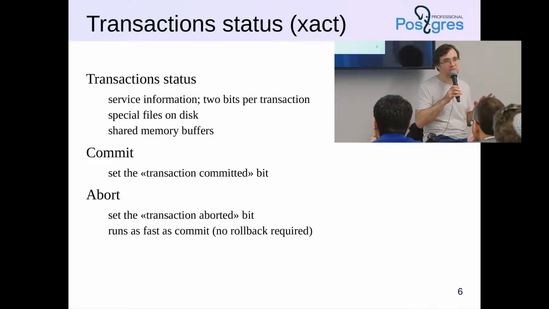Basically, it is files where you have 2 bits per each transaction. One bit is committed and another bit is aborted. So either a transaction is not committed and not aborted, so it is a running transaction, or you have one of these 2 bits set, and it shows the state of the transaction.